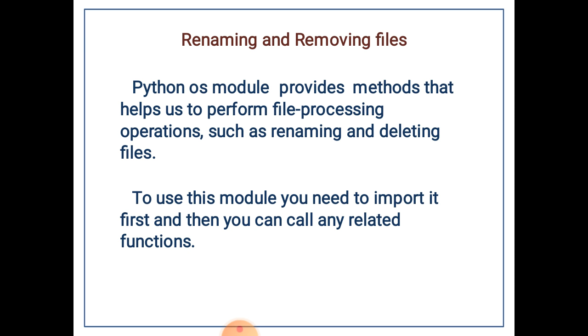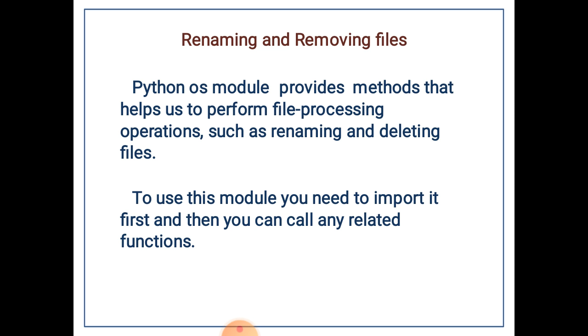In Python, the OS module provides some methods that help us to perform file processing operations such as rename and remove or deleting files. But the thing here that is to be noted is we have to import this module first, and then we can call any related functions.